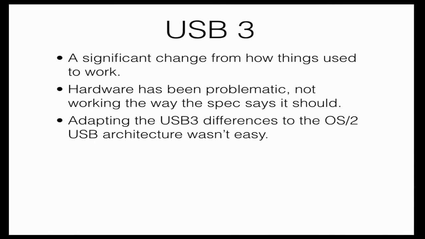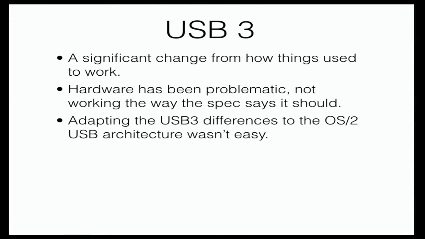In addition to that, the reason I couldn't just port the FreeBSD driver to OS2 is the architecture of the way the USB stack works on OS2 is totally different. It's not even compatible. So basically I can take the hardware algorithms and some of the hardware code and model my driver after that, but the way the entire stack works, the way all the drivers talk to each other, the way enumeration works is different.